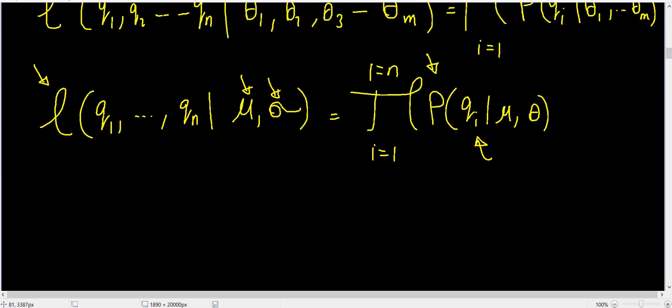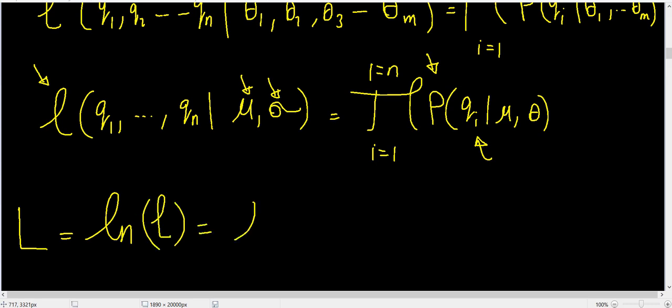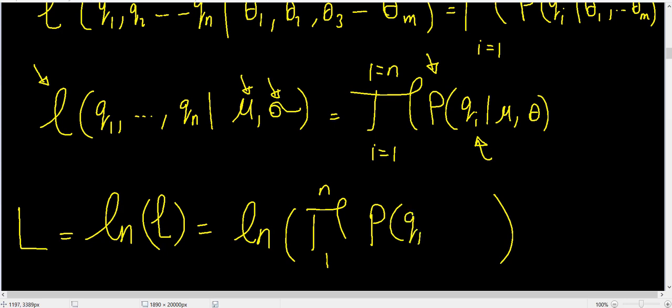So we define another function, small l, to be equal to ln of the original function L, just like that. And so this will be equal to ln of this product from 1 up to n of all my probabilities of Qi given mu and sigma.